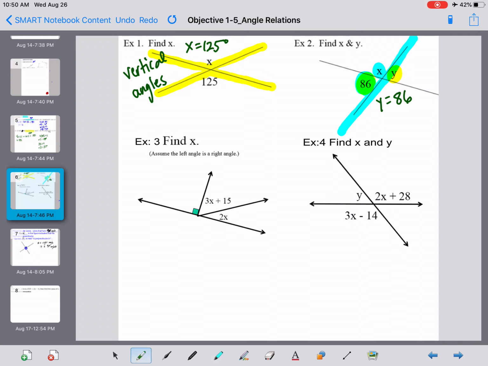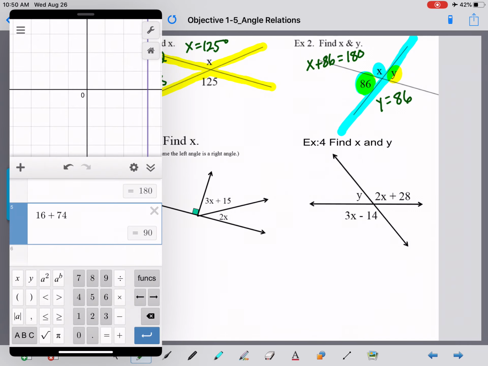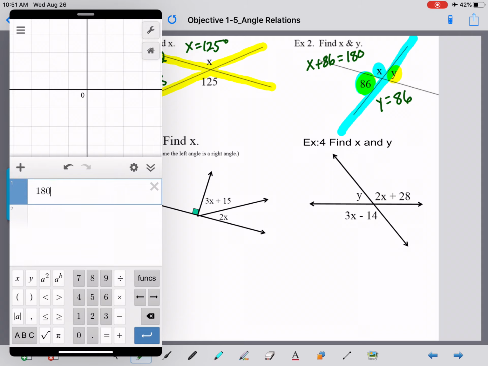So if I said x plus 86 supplementary angles would equal 180. Yeah, you could have just simply said, and that's what some of you were probably thinking right off your head, why don't you just say 180 subtract 86? Yes, you can. That's not a problem. It's just you're looking at it a different way than I did.